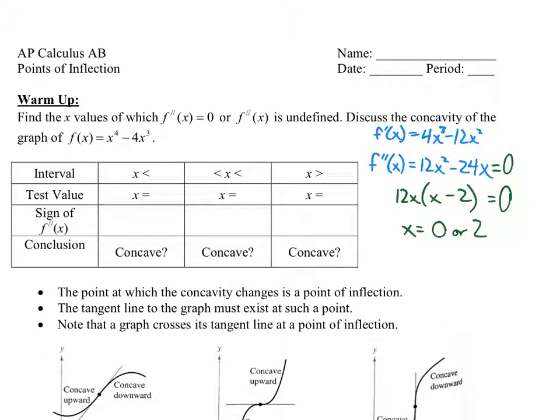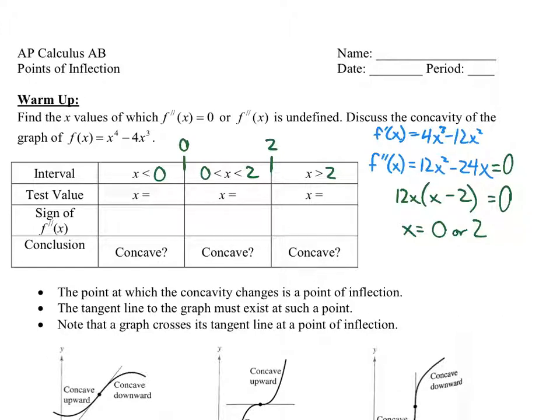Okay? So, using the table here, that 0 and the 2 are going to be the boundaries. And the intervals we have are where x is less than 0, x is between 0 and 2, and x is greater than 2. Okay? So now we have to pick some number within those ranges.